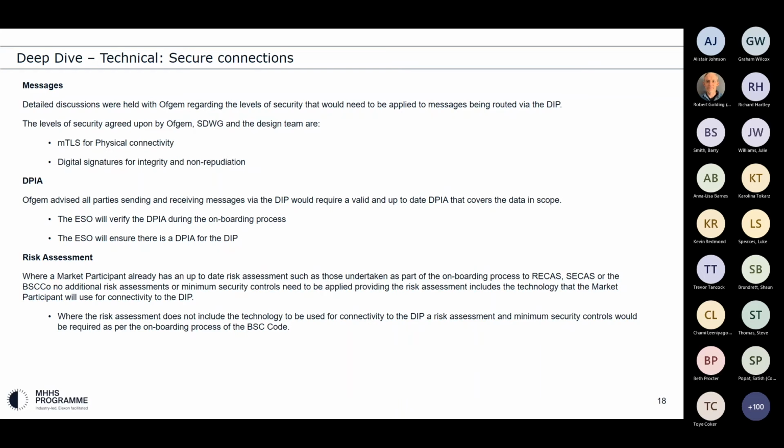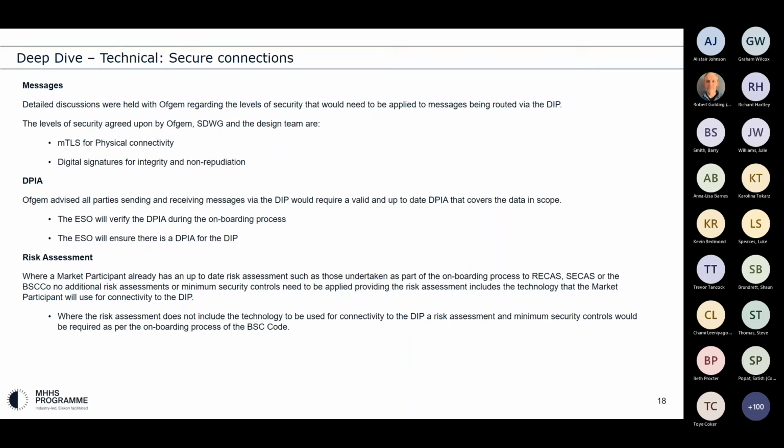Along with this, there should be a valid and up-to-date DPIA from the market participant, the DIP service provider, and any receiving parties regarding the messages.